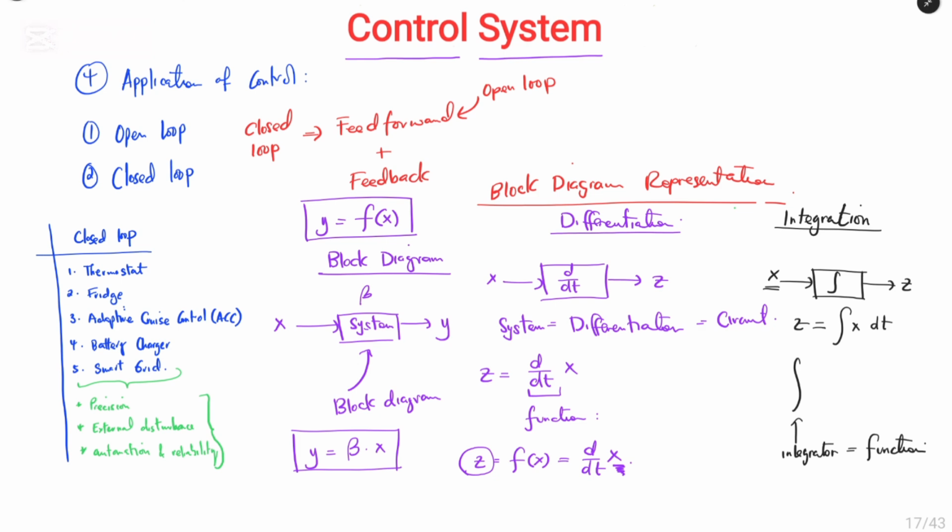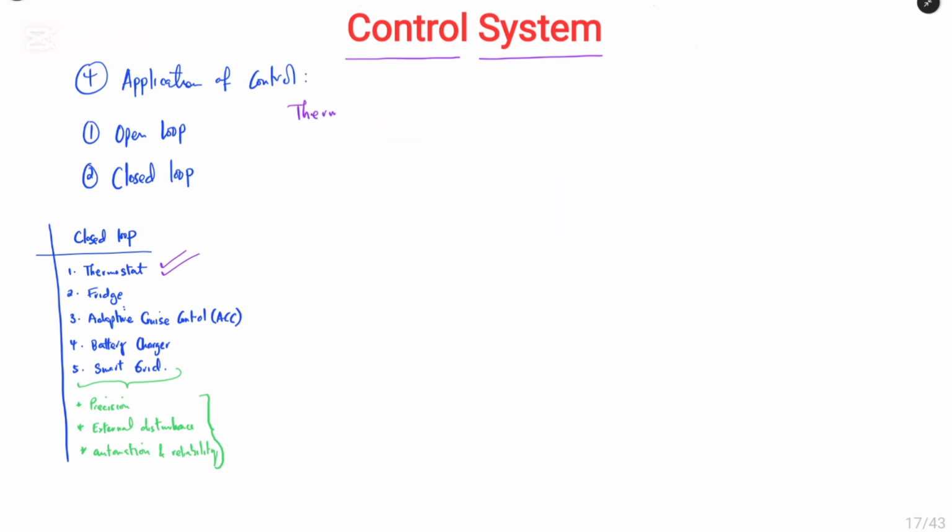Now we can start by looking at the closed loop system. We'll start with the thermostat. So what is a thermostat? A thermostat can be a closed loop system. The thermostat is defined as a regulating device that regulates the temperature.